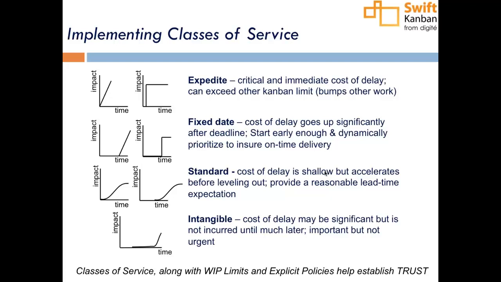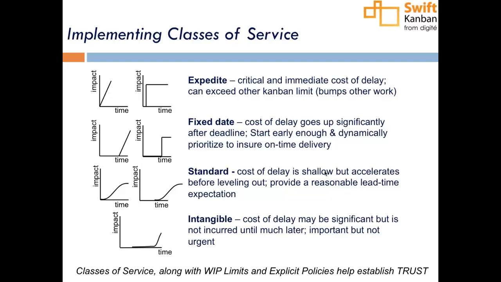You expedite it to the next stage and catch up with your buffer and keep doing that, so that at some point, if it is still not done, it becomes an expedited card and gets through and gets done on time.